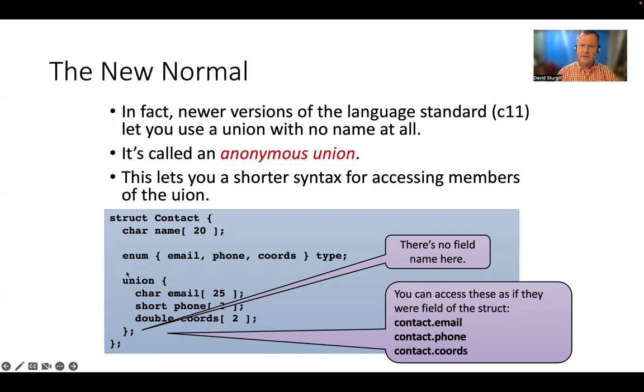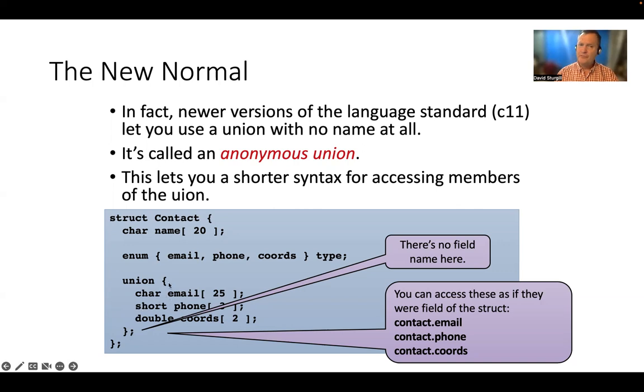I've got a union defined as part of this struct, but I didn't even bother to give it a field name. Older versions of the language didn't let you do that, but as of the C11 standard, or like I said, C99 if you're compiling with GCC, will let you define a union as long as it's part of a struct. You don't even have to give it a field name.